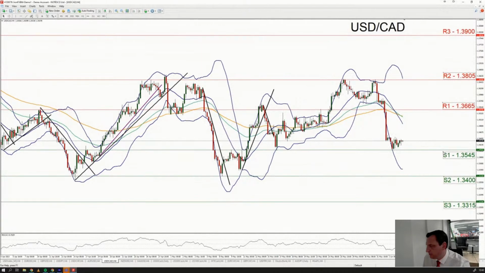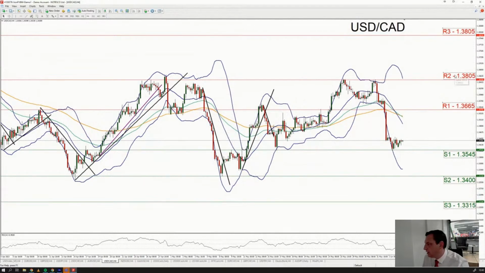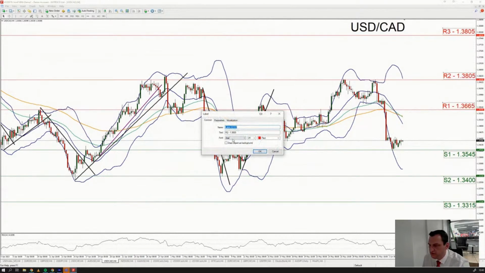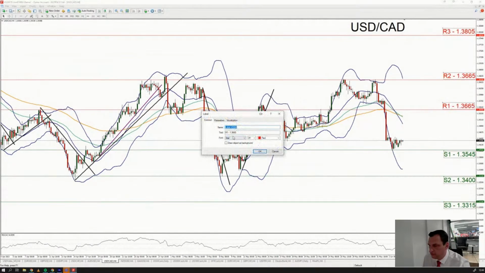Okay, let's correct the labels. Starting with the R3, which is now being placed at 1.3805. The R2 at 1.3665. The R1 at 1.3545.